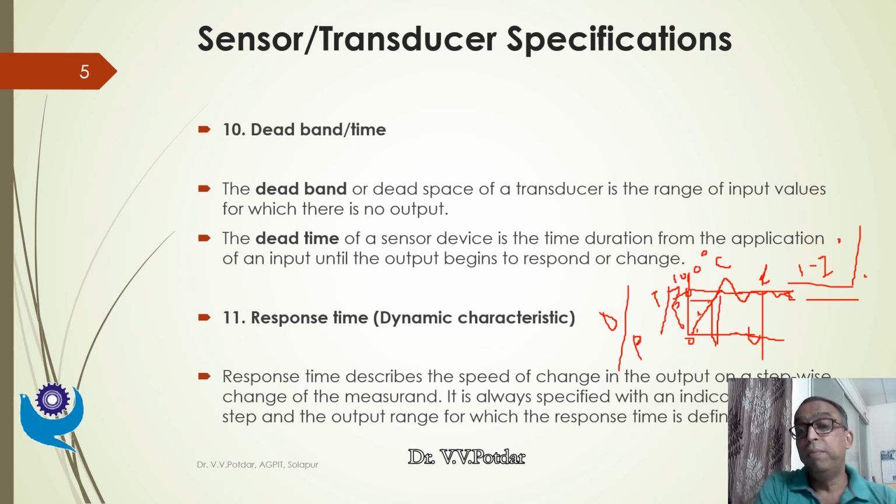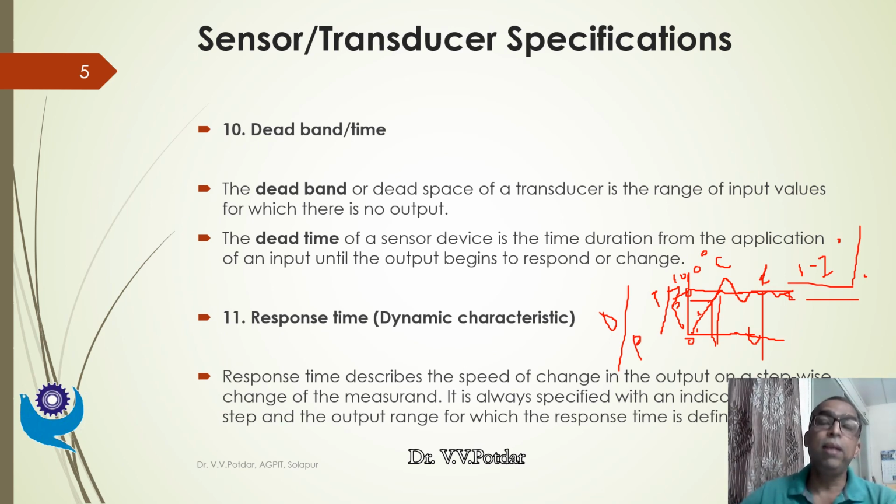My mechatronic device would be able to function properly only if it gets this feedback signal from the sensor transducers appropriately, and then only it can take the correcting action, the actuating action, and the desired function would be performed. So we need to clearly understand the static and dynamic performance characteristics of a given sensor transducer.